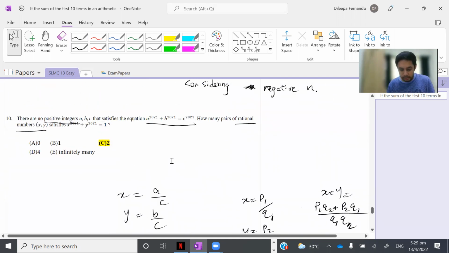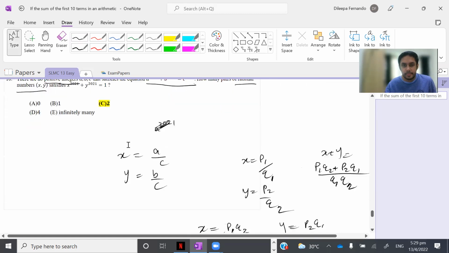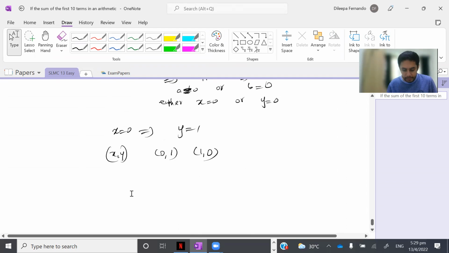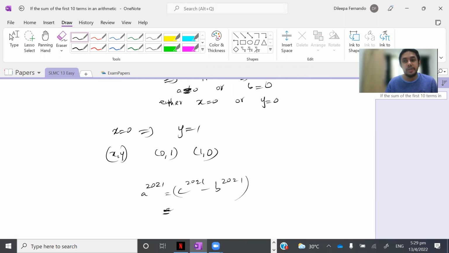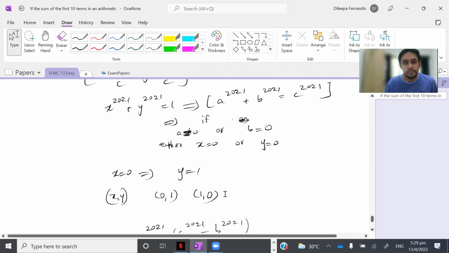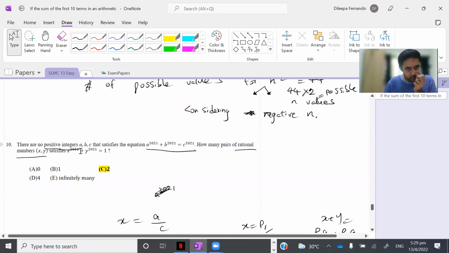We can rearrange this equation, because if there is a negative number, the other one should be positive. Like if y is negative, then x should be positive.